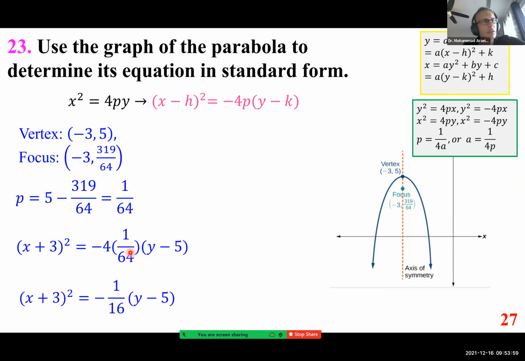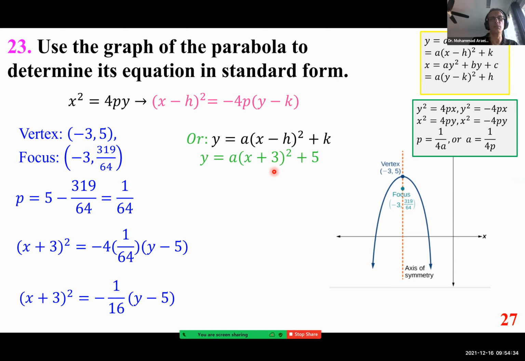I like to look at the same question from the point of view of what we had seen before and see how fast you can come up with the answer. Same thing, not a big deal. We already have the vertex, and we know that it opens up or down, in this case down, so we're going to use this formula and plug in the vertex.